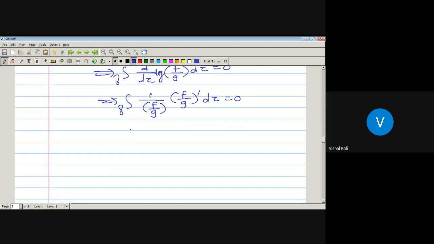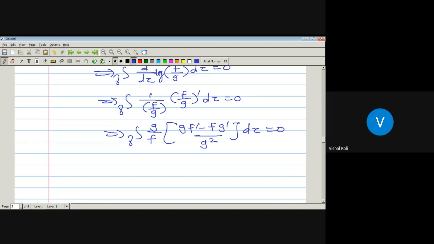Sorry, yes, and which is equal to integration over the gamma of g by f. Now we know how to find the derivative of u by v by the rule: first, g as it is times f dash, minus f as it is times g dash, over g square, equal to 0. Here we have to write dz.